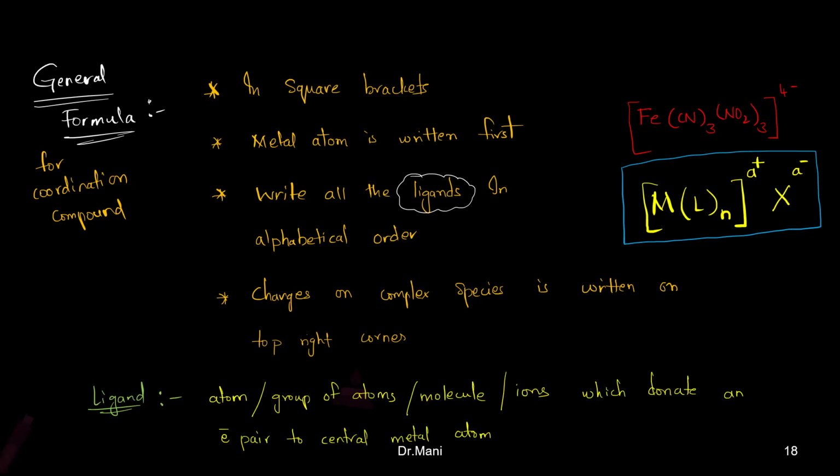Understood? So what is a ligand? It's an atom or group of atoms or molecules or ions which donate an electron pair to the central metal atom. Is that clear? Any doubts?